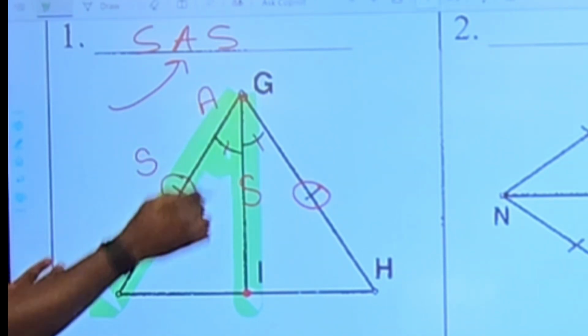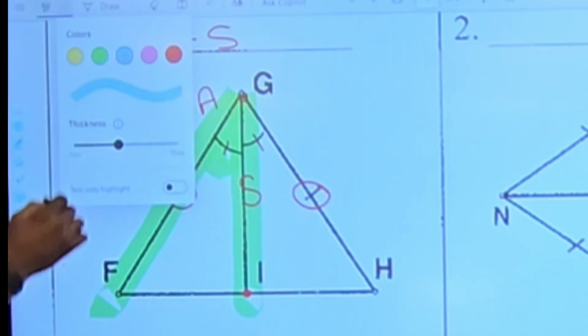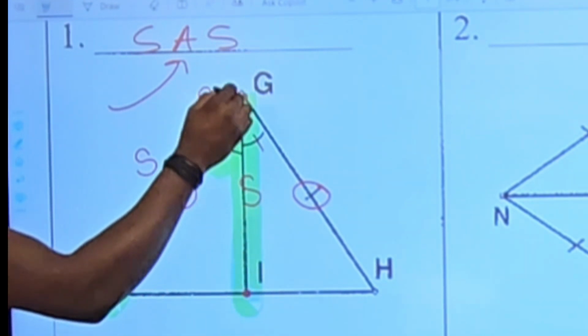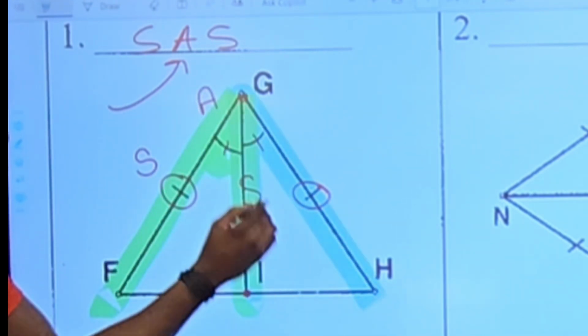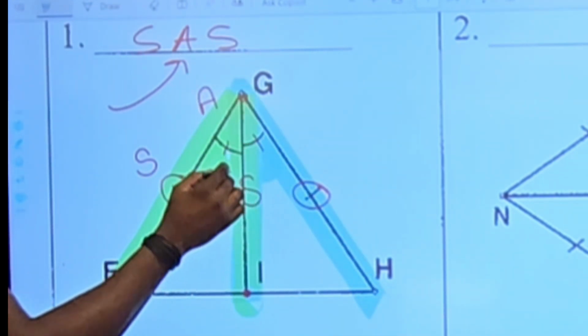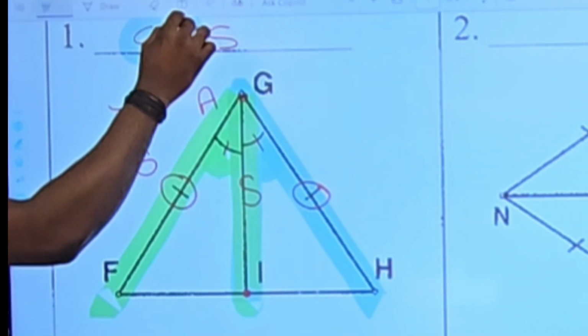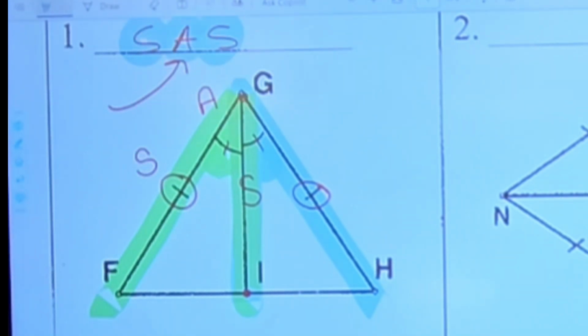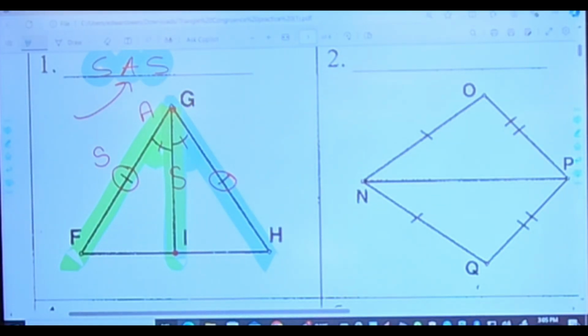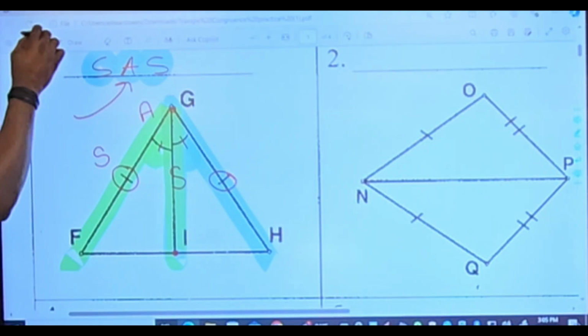These congruent sides, the angle is between it. And if you look on the other diagram, take a look. The angle is between the two sides, and we have to take note of that. Side, angle, and then side. That's what we're thinking of, right? So it has to be like that, right? Let's take a look at the second example.